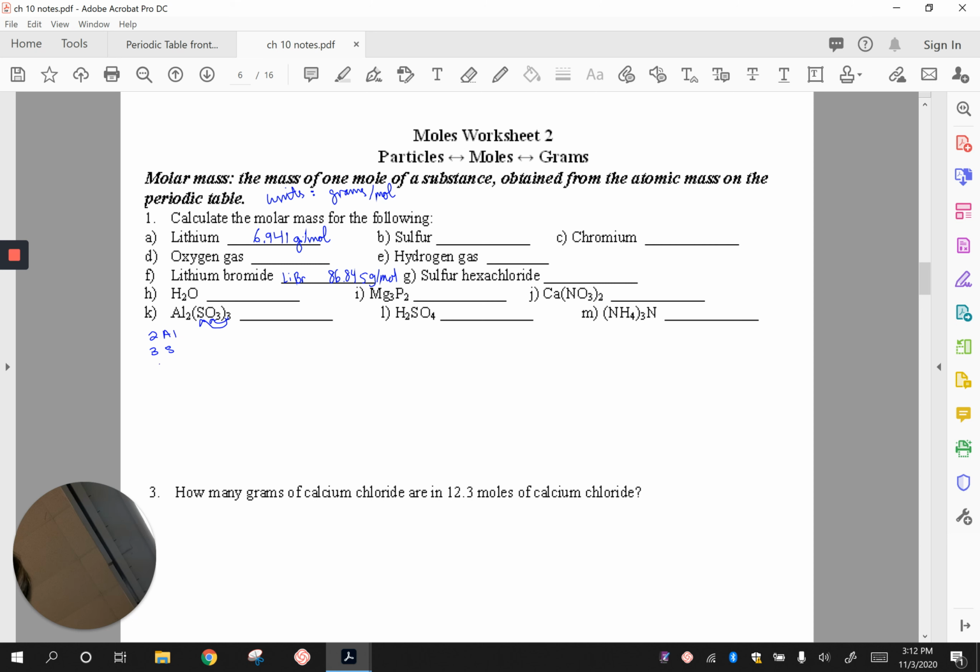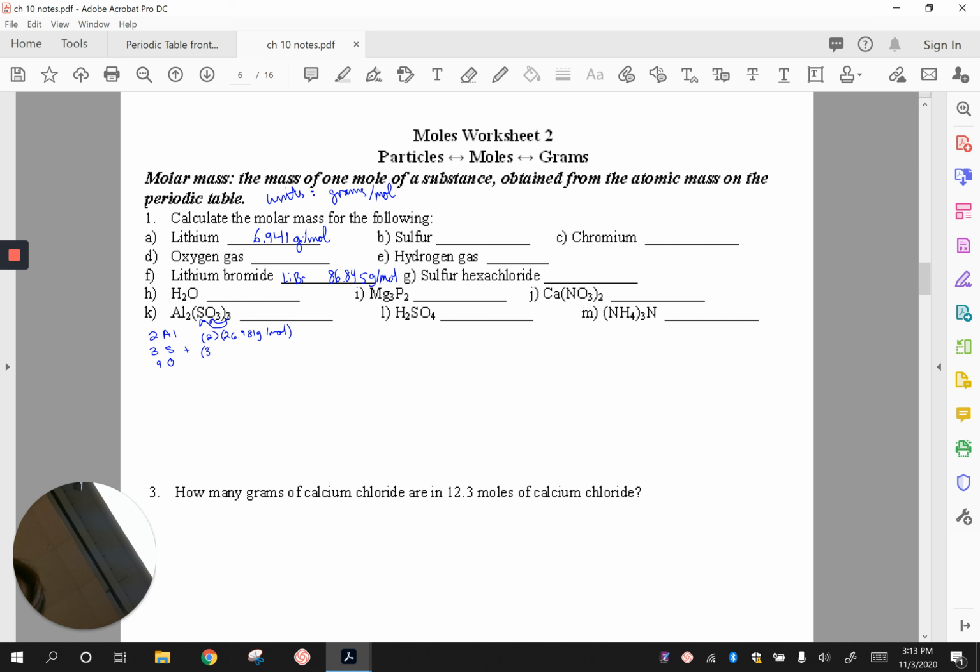And I have 3 times 3 is 9 oxygens. So I do 2 times 26. Let me grab a periodic table. So aluminum is 26.981 grams per mole.